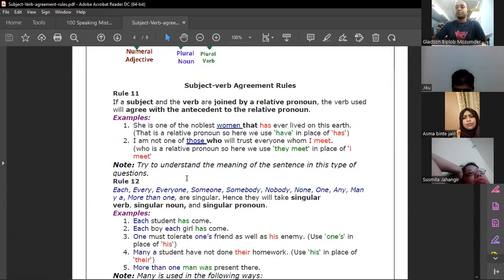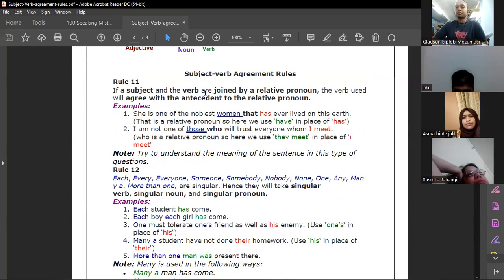Then number 11: if a subject and the verb are joined by a relative pronoun. What are relative pronouns? Who, which, as, whose, whom. So the verb used will agree with the antecedent of the relative pronoun. Like, she is one of the noblest women that has ever lived on this earth.